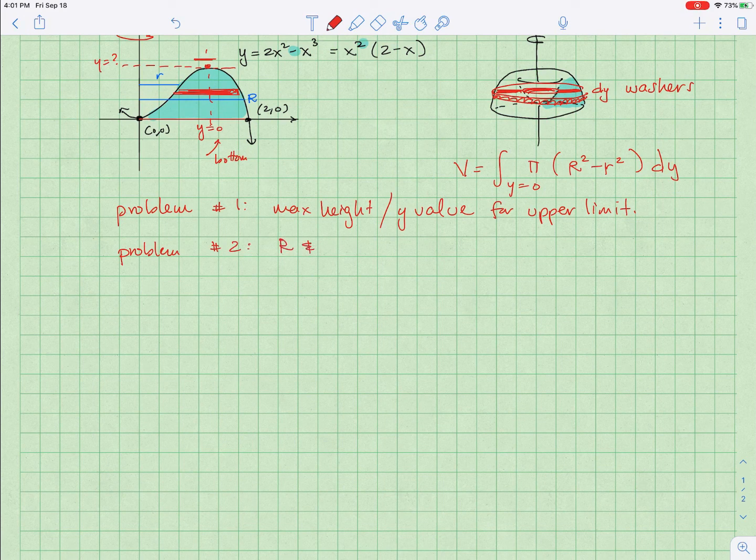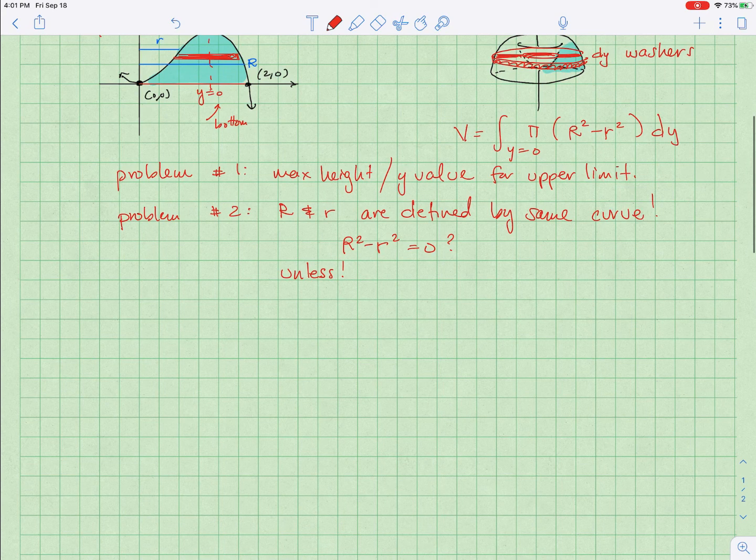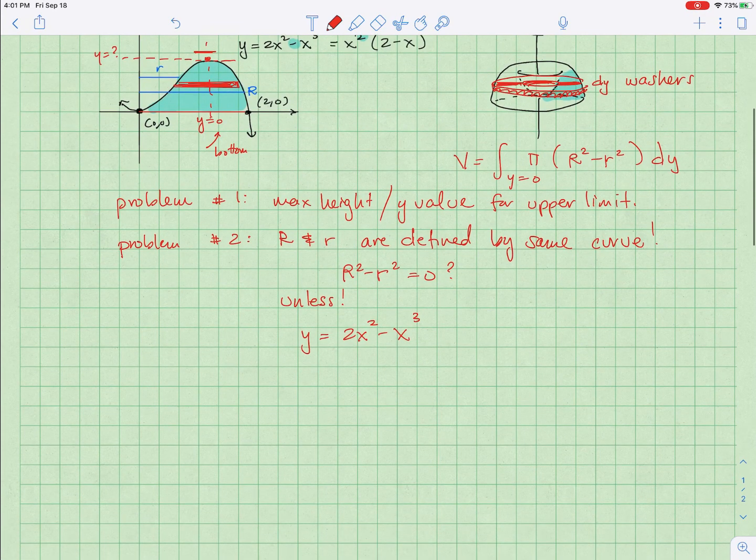Capital R and little r are defined by the same curve, which means that capital R squared minus little r squared is going to be 0 unless we take the curve y equals 2x squared minus x cubed and solve for x as a function of y.